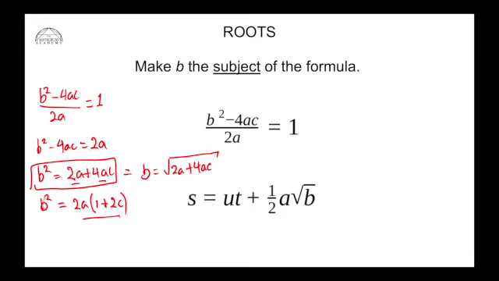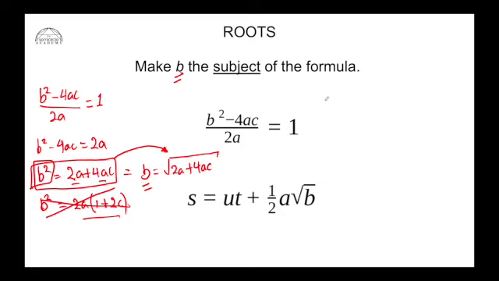No. You didn't have to do this. But at the end of the day, the question was make B the subject of the formula. You don't have B here, you have B squared. Yeah? So what I wanted you to do is move from here to here. You understand? Yes. Where B is equal to the square root of all of that. And that is what I was really looking for.